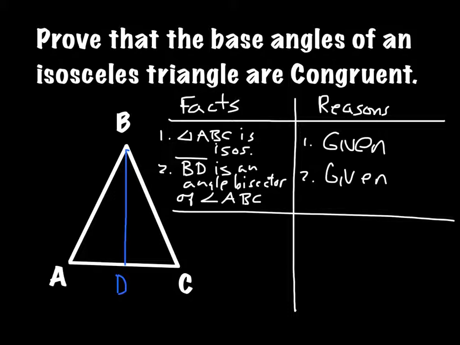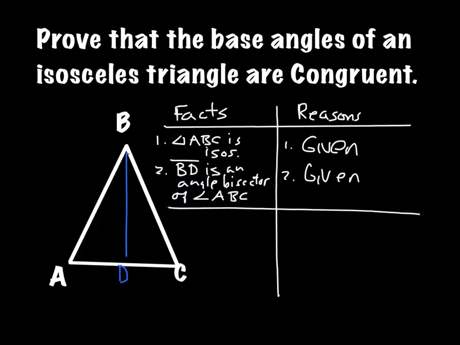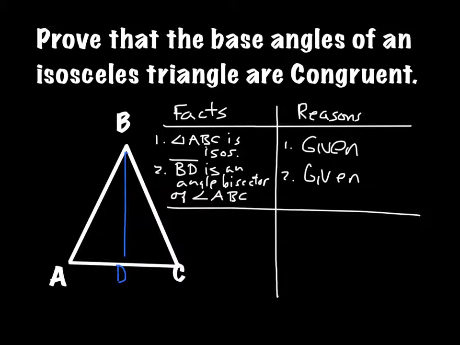Now here's where the work comes in, actually proving that these two triangles are congruent. So the very first thing I'm going to do is talk about some parts that must be congruent. So to begin with, AB must be the same as CB.